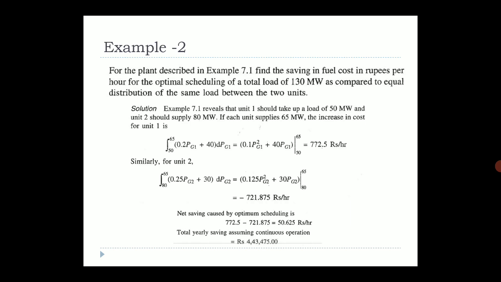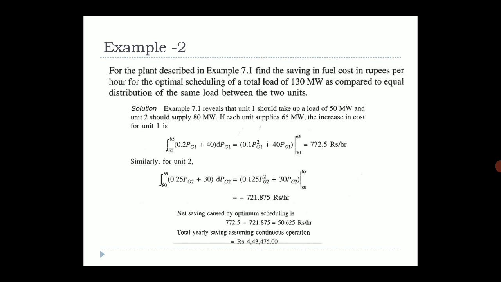Now if we say that, no, if the two generators are working together at the same power that would be more economical, let us see. If the generators generate the same amount of power, it should be 65 megawatt. Generator 1 was scheduled at 50, now it is 65. So we are going to integrate the cost between 50 and 65.